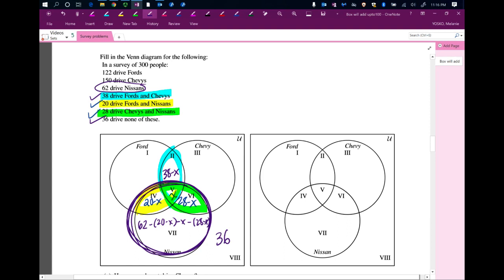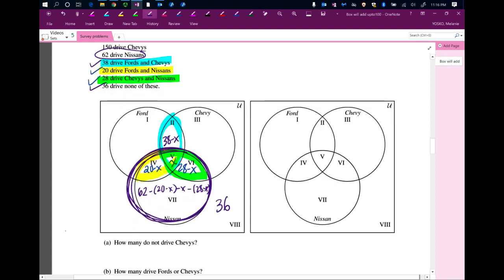Okay, so let's do some scratch work. So this is going to be 62 minus, well, we're going to distribute that negative sign in front. So 62 minus 20 plus X minus X minus 28 plus X. And then we're going to clean that up. So we get what? 62 minus 20 minus 28. So this is 14.